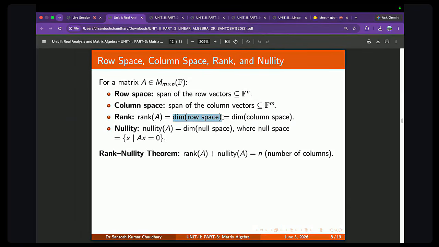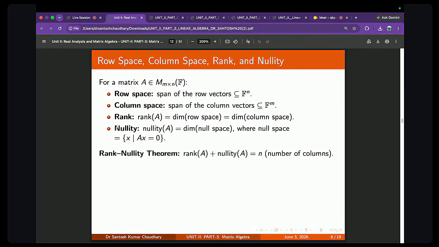They will always be equal, and that will be the rank of the matrix. So one way is to find the number of linearly independent rows, the other way is to find the number of linearly independent columns, and that will be the same.